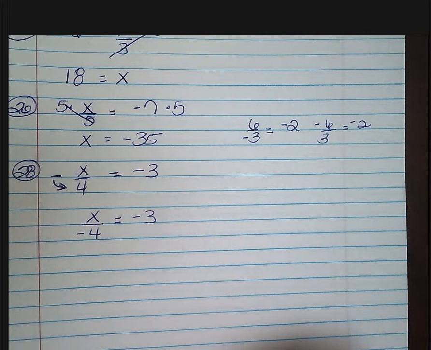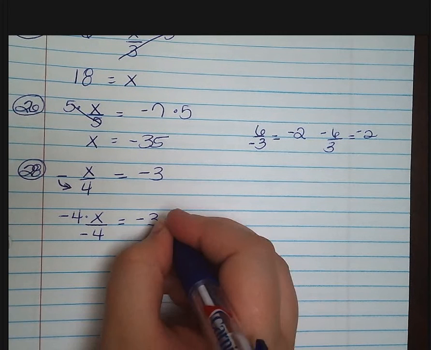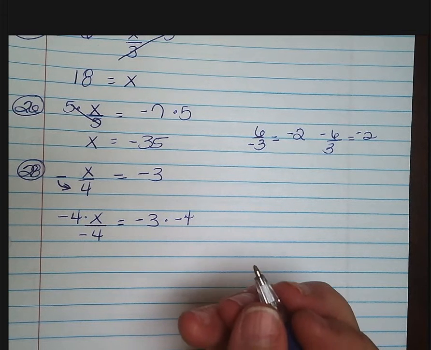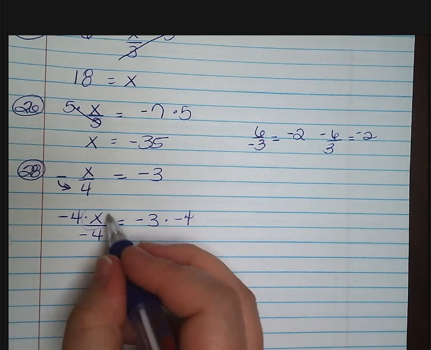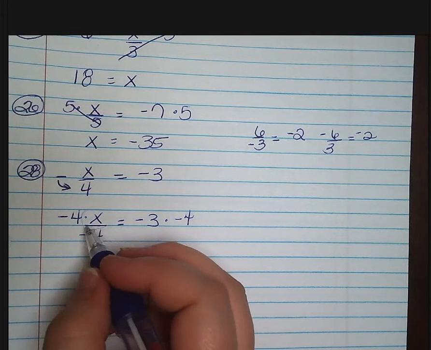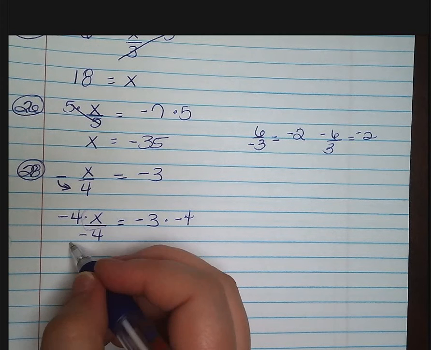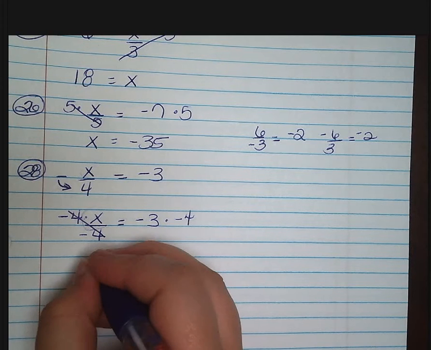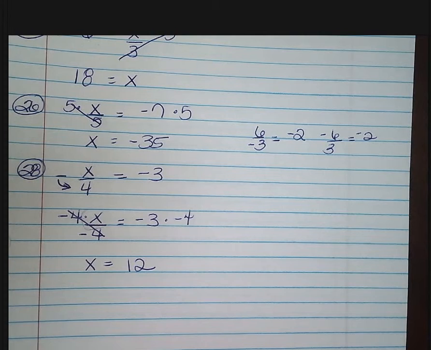So now we're dividing x by negative 4. So the opposite would be to multiply by negative 4. And remember, we want to multiply by a negative because now a negative divided by a negative is going to give us that positive x we need. Had we left this as a positive 4, your x would have ended up being negative anyways. So those negative 4's cancel, leaving us with x equals a positive 12.